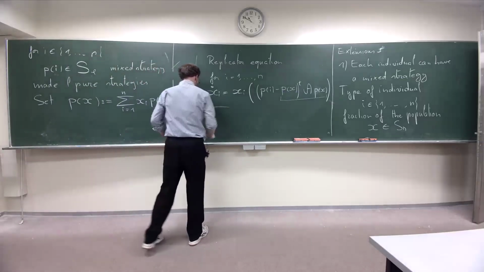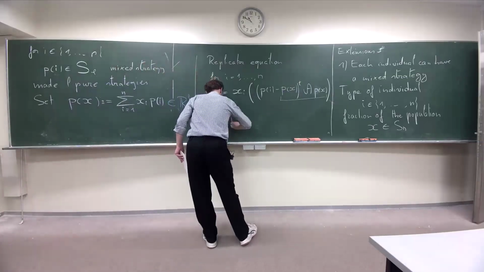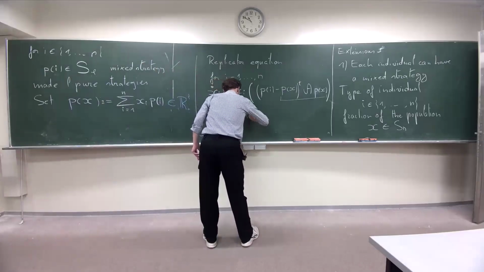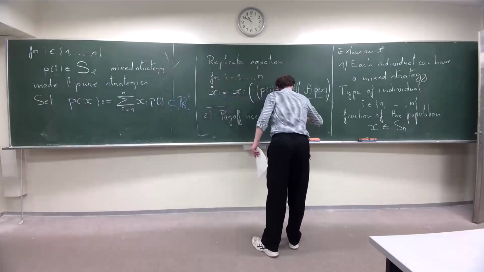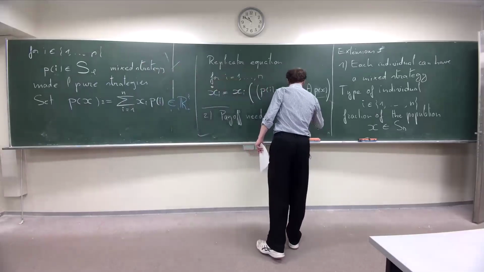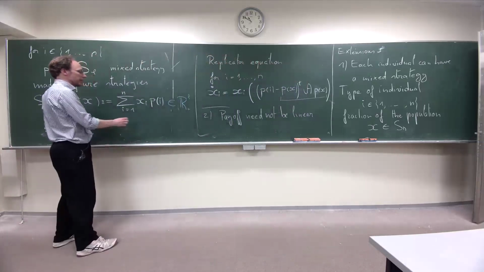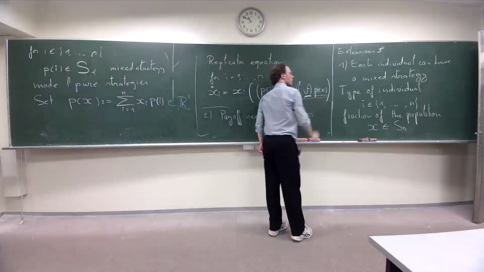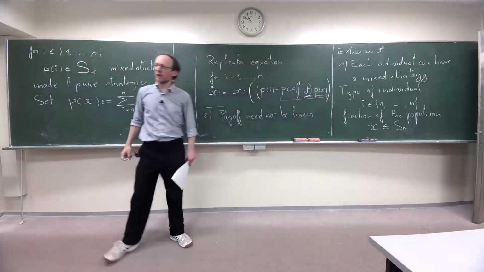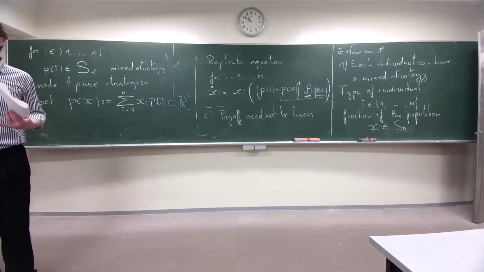The second extension, which I just mentioned, is that the payoff need not be linear. Indeed, this theory is linear in the sense that we are dealing with a matrix applied to a vector. This is a linear thing. But there are plenty of games where you have nonlinear effects.